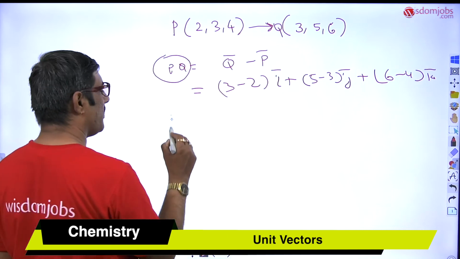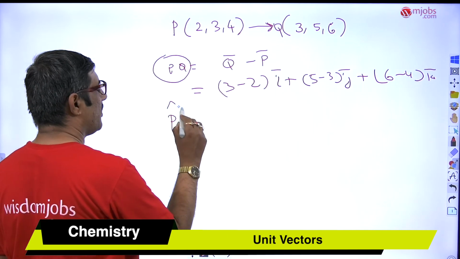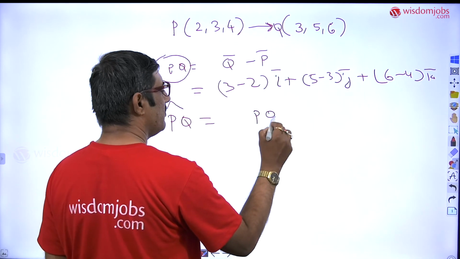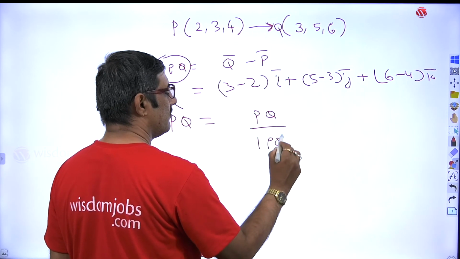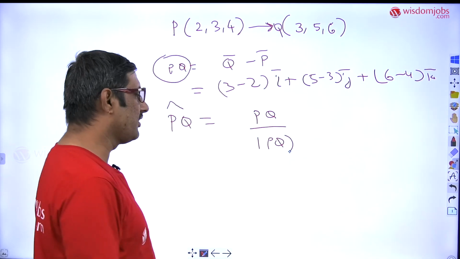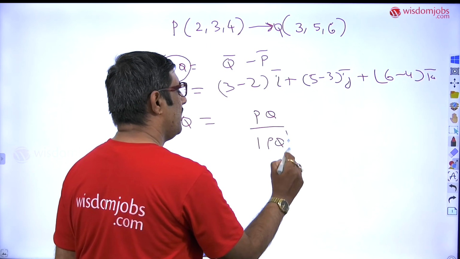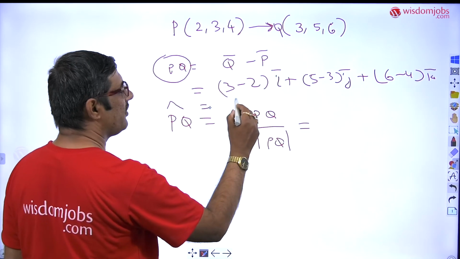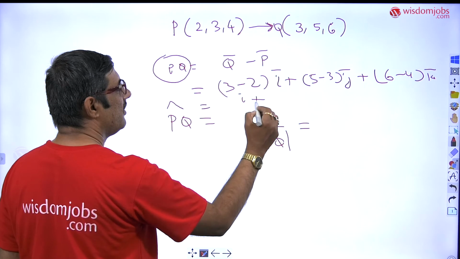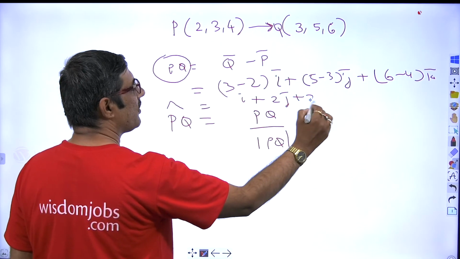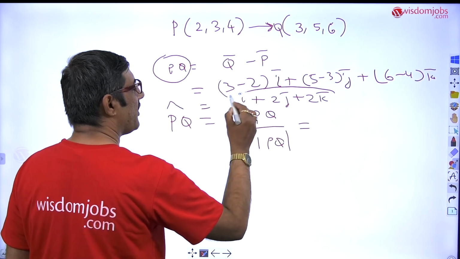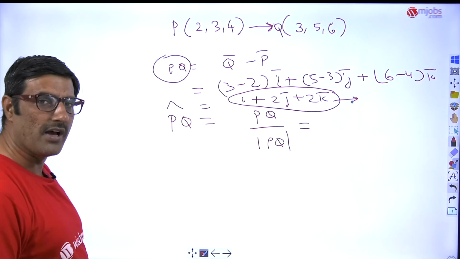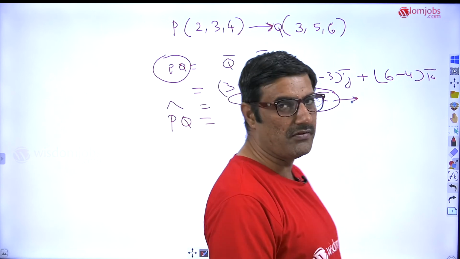So what would be the unit vector now? Simply PQ cap would be PQ upon mod PQ. So what is the modulus of this now? 3 minus 2 is 1, 1 into I bar is I bar, plus 2 j bar plus 2 k bar. What is the magnitude of this vector? It is the square root of 1 square plus 2 square plus 2 square, which gives you the square root of 9, which gives you 3.